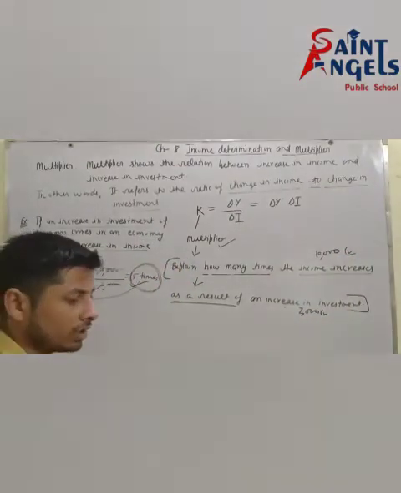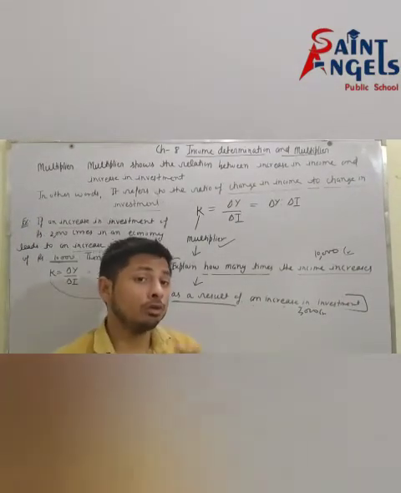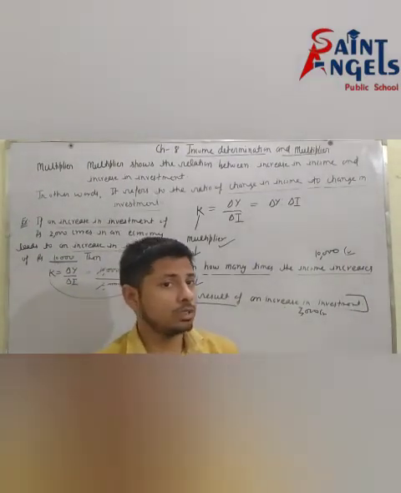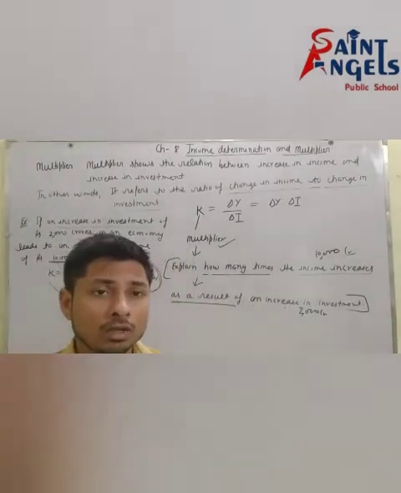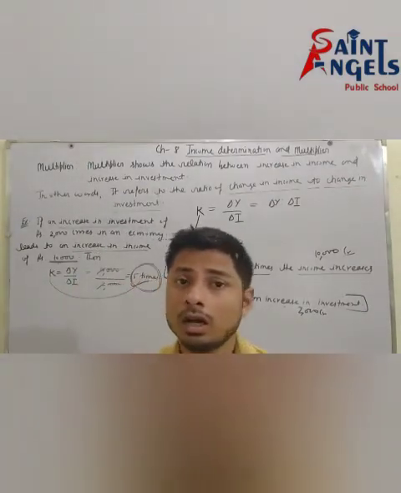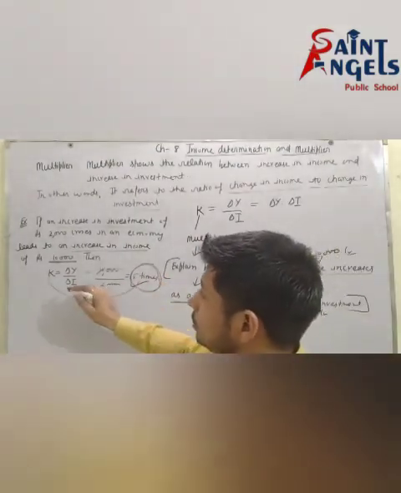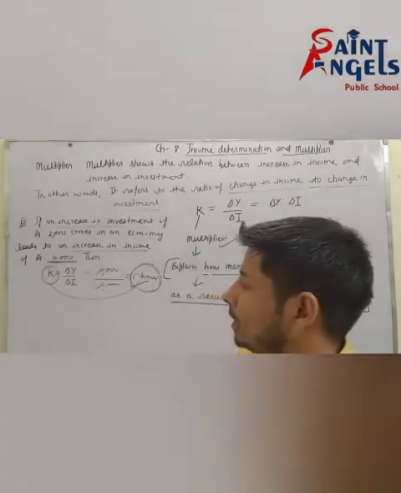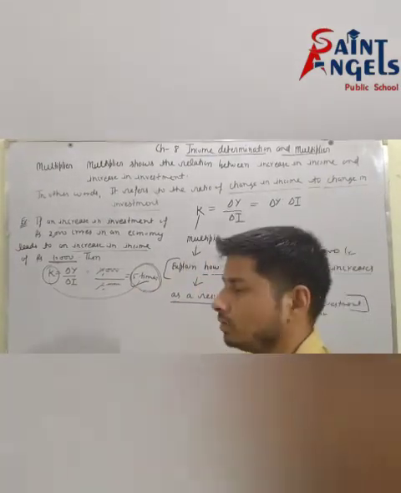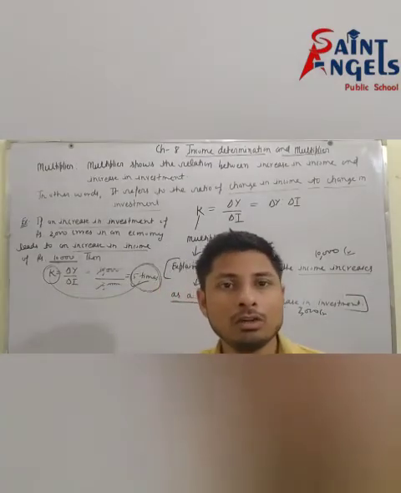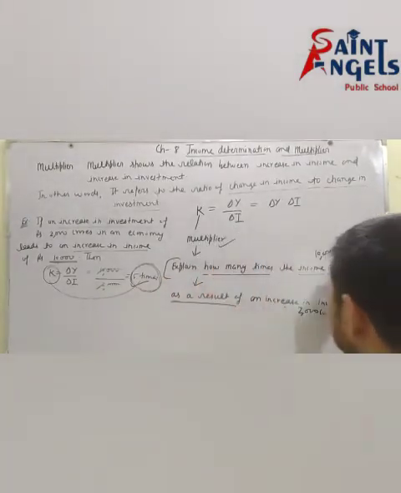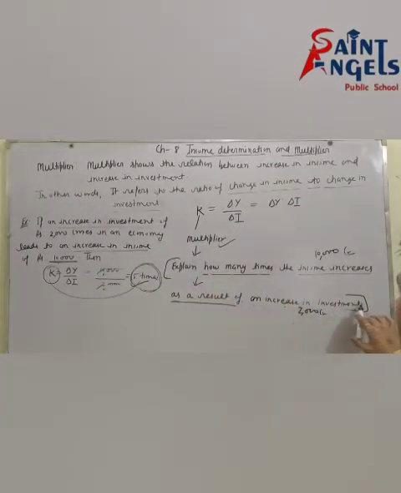If you want to calculate how many times the income increases in an economy due to an increase in investment, then you will take the help of multiplier, or you can say you will use the concept of multiplier to determine how many times income increases as a result of an increase in investment.